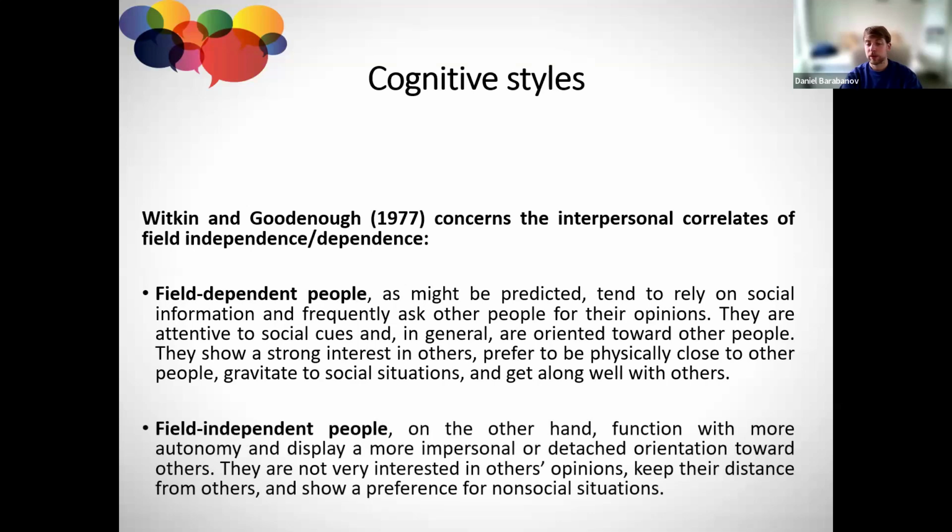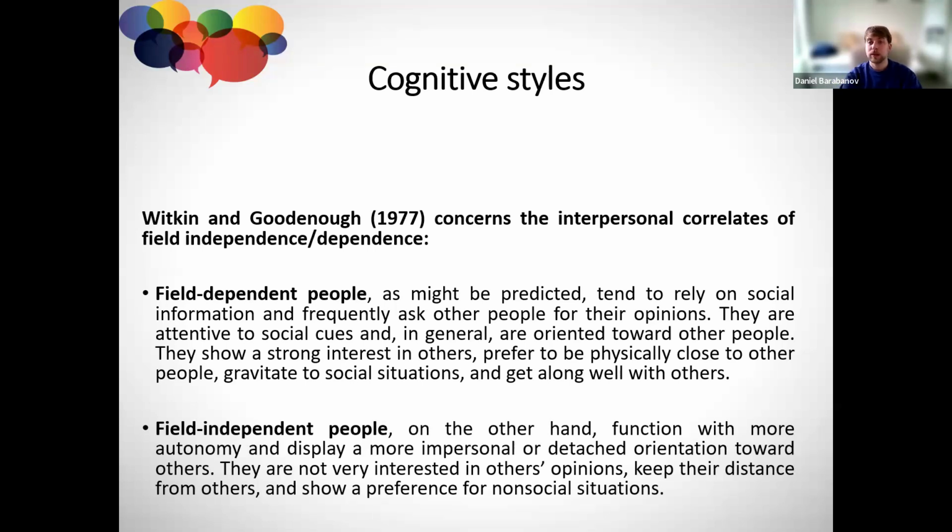Field-independent people, on the other hand, function with more autonomy and display a more impersonal or detached orientation toward others, so they rely more on their bodily sensations and their own opinion. Because of that, they are not so focused on other people's opinions and keep their distance from others, preferring non-social situations.